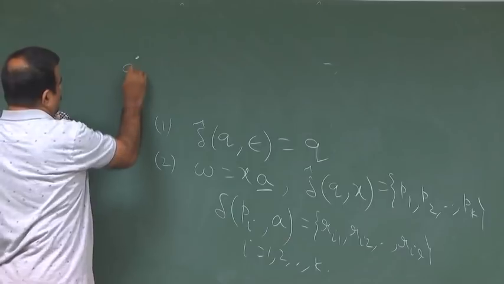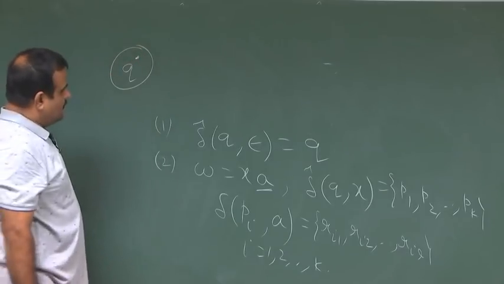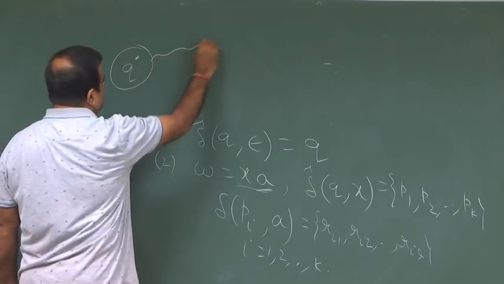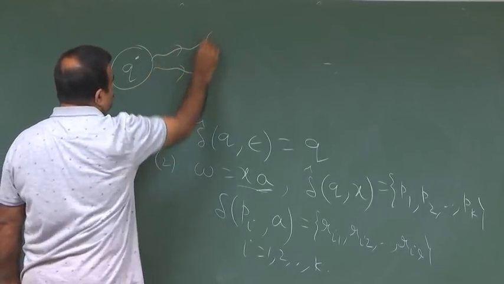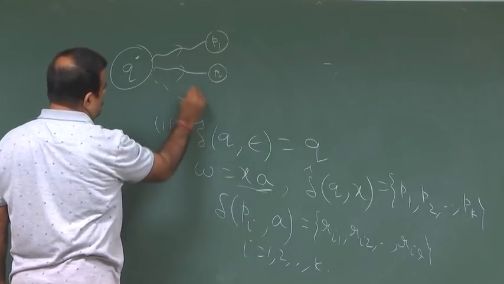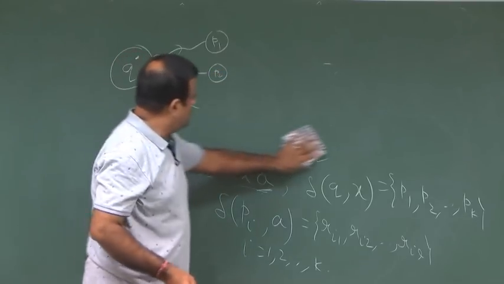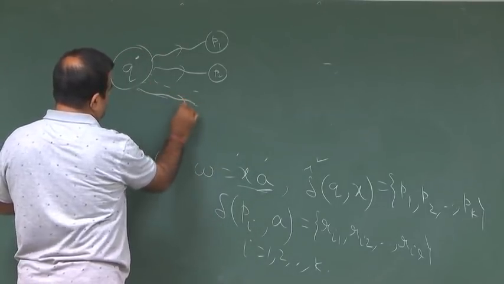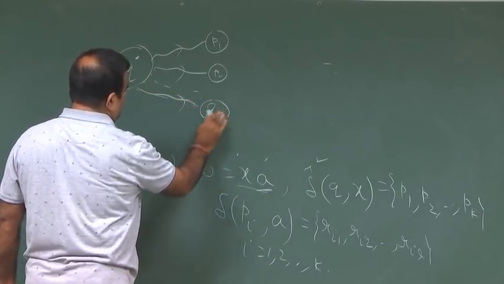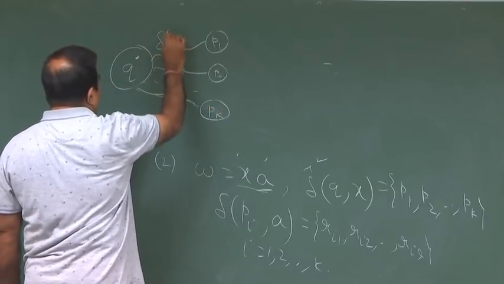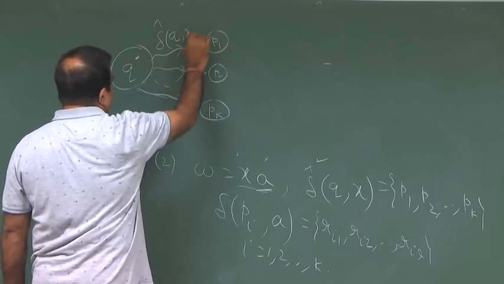So this is our q. Now we want to read this, so we first read x. By x it can go to many states, like P1, P2, ..., Pk. These are all delta hat of q comma x.